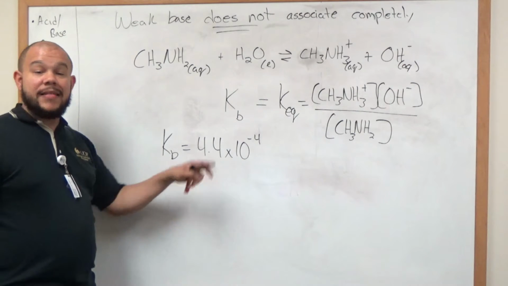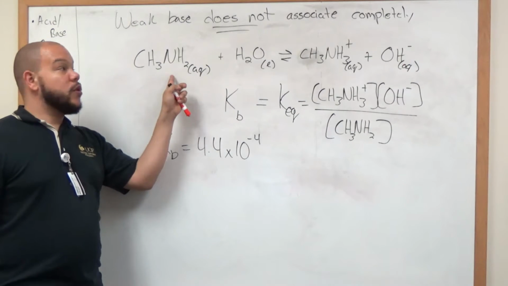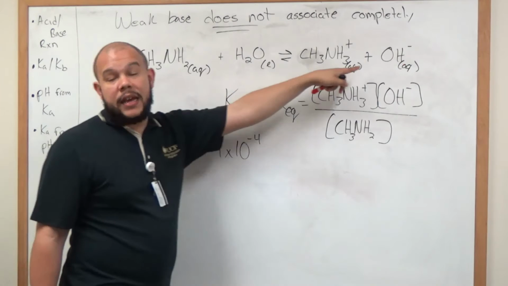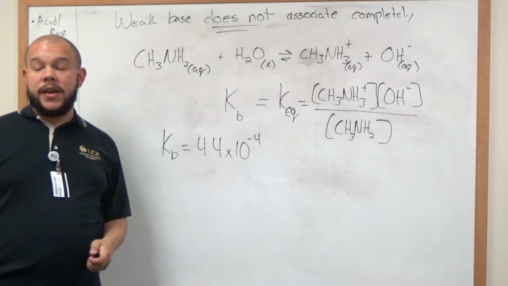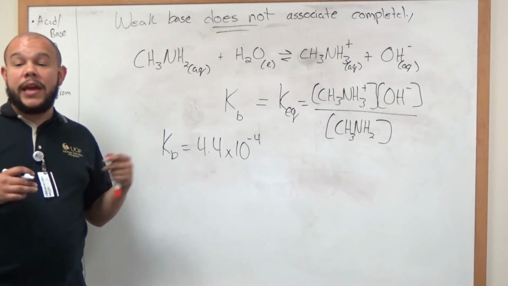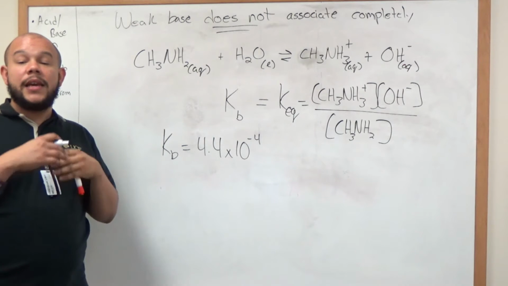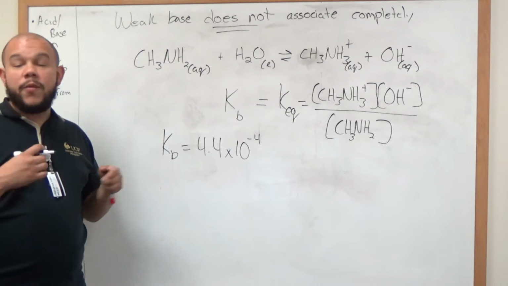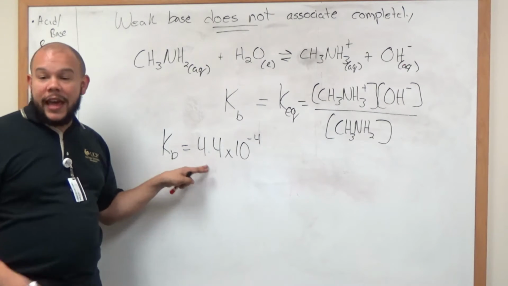We know that means that reactants are favored, which means that only a certain amount of this associates, creating hydroxide and shifting the pH. So a weak base and a weak acid do not completely dissociate or associate with water. It only reacts to a certain degree. And that's what KB tells us.